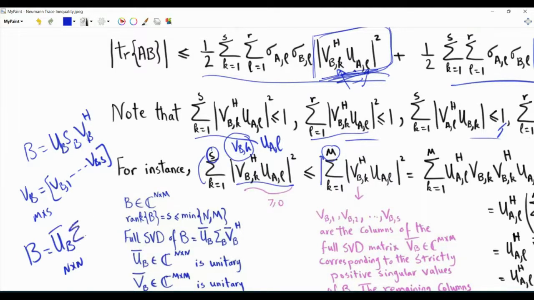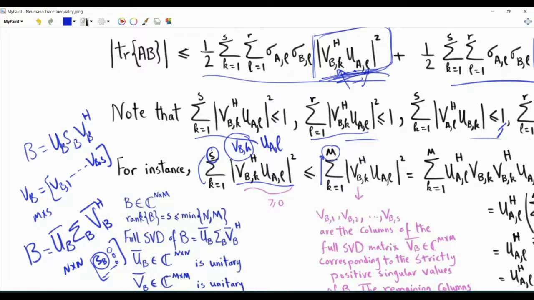Then we have a sigma B matrix, where SB lives in the left topmost part of the matrix, and then we fill the matrix by zeros. And then we have VB bar Hermitian, which is of interest to us here.